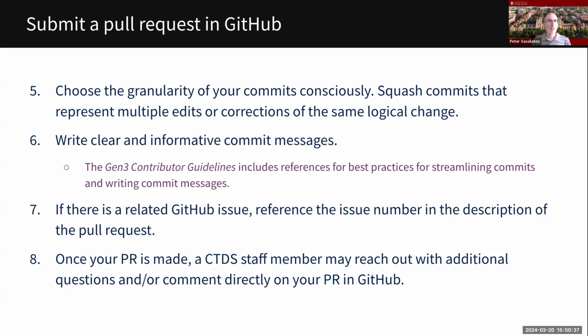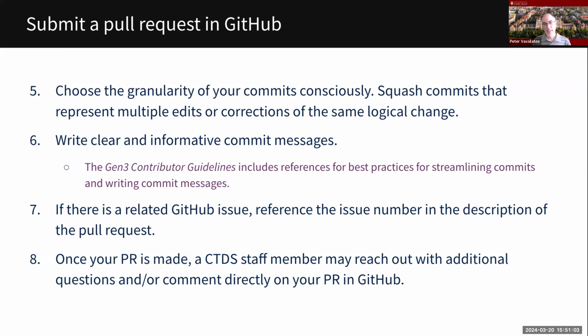The granularity of your commits makes a difference. When we're trying to analyze submitted code, having clear, logically separated units of change is extremely helpful, not just for those of us inside of CTDS who will be looking at and approving the code, but also in the future if other folks are reviewing it, and for people who are just looking at the source code and trying to understand what's happening.